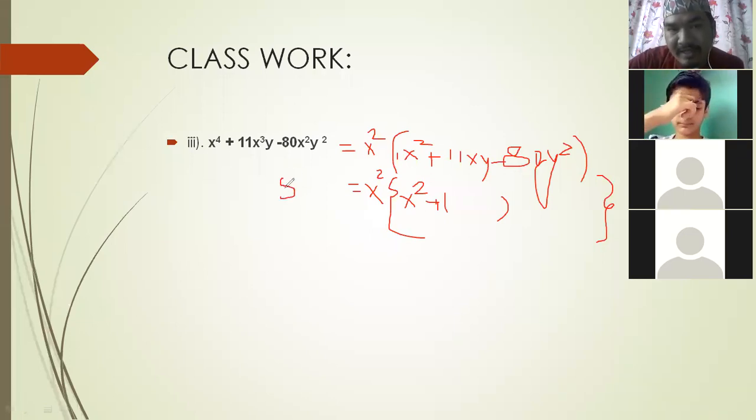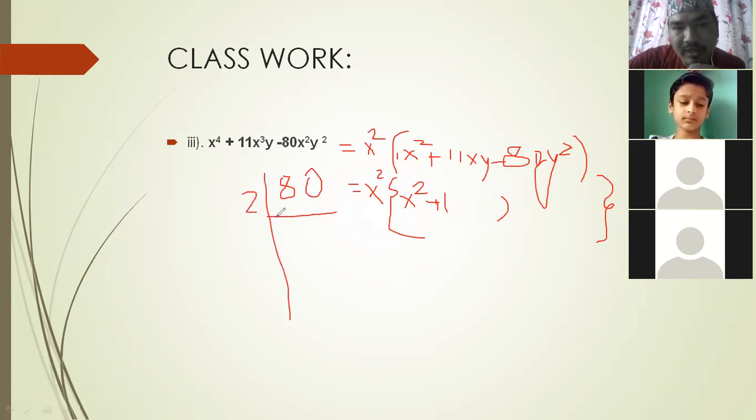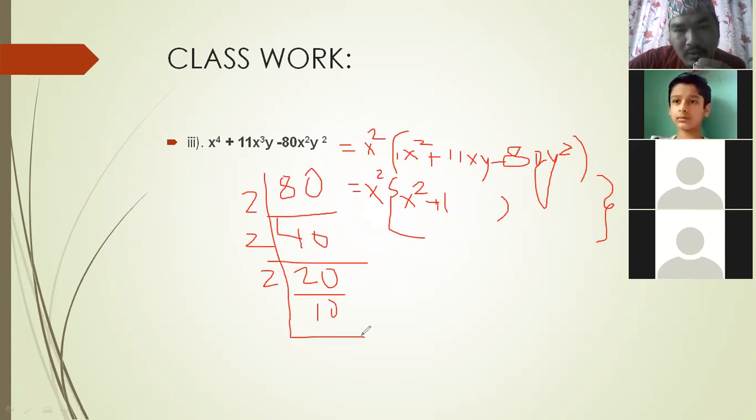We can do factorization at the side also, children, like this. This is also one way to do factorization. Look here. 240, and you can do 220. Sir, is it 16 and 5? Okay, look here. You are absolutely right, children.